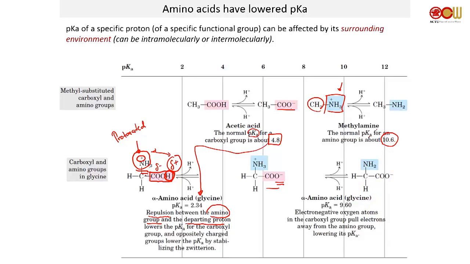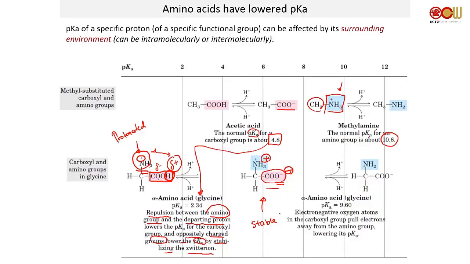Now, there's a second effect. The oppositely charged groups will actually lower the pKa by stabilizing the zwitterion. So essentially what happens is after you form this minus charge, you have a minus, you have a positive, they stabilize each other. So you want to form this. This is stable. Because you have a positive there, and positive is going to push away your proton. That's the first thing.